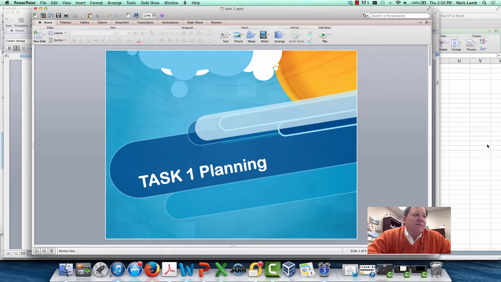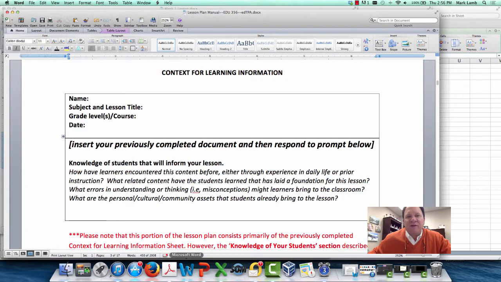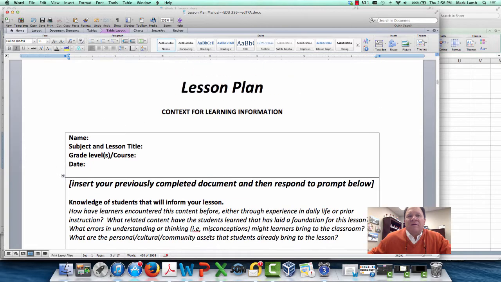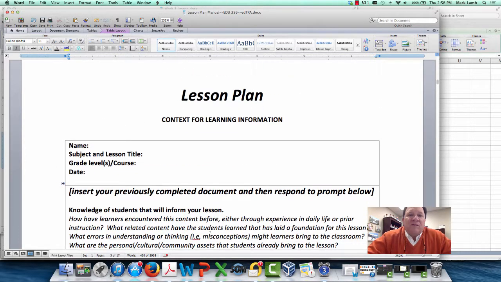In writing your lesson plan, make sure you refer to the field manual. If I can get to it here, there we go. This is the key, this is the format, this is what the rubrics for this course are designed to address. You also have the EdTPA handbook that you can use for input, and also the Making Good Choices support guide.